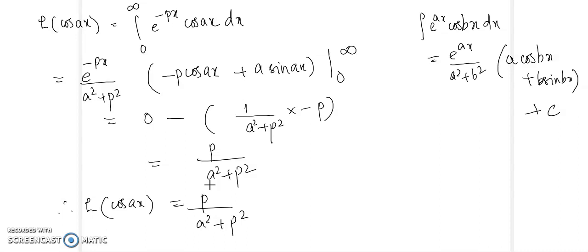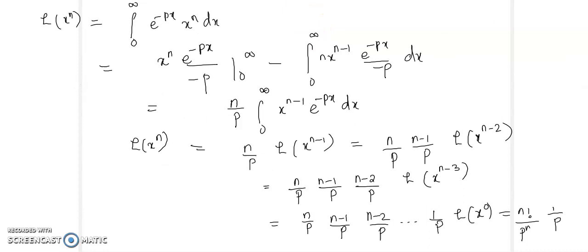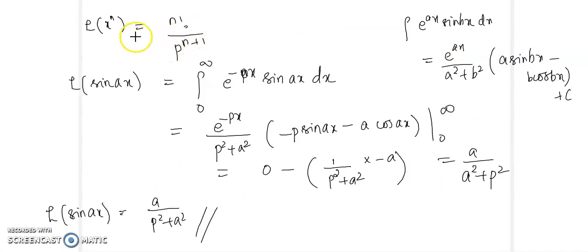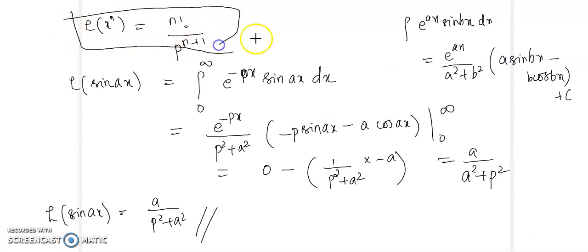For L of x raised to n, the result will hold for any n greater than or equal to 1. n is assumed to be a positive integer. We have L of x raised to n equal to n factorial by p raised to n plus 1, where n is a positive integer in this case.